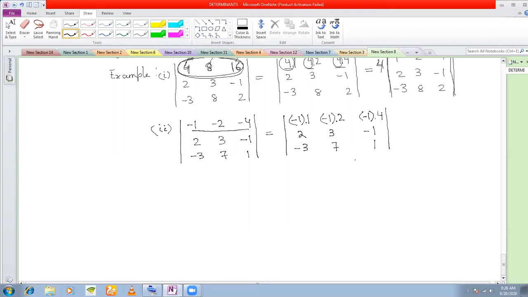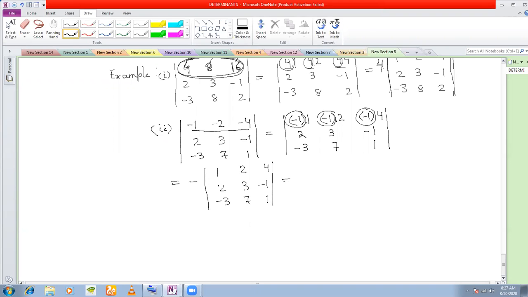Try to understand this way. Later on, we'll do the normal way; we'll do it directly next time. Now I can take this -1 out, so I can take the minus sign out. I'll simply get 1, 2, 4, 2, 3, -1, -3, 7, 1.